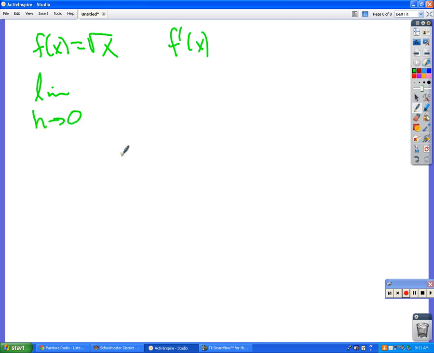So I'm going to take the limit as h approaches 0 of what? This is the part you have to know, this little formula. Right, root x plus h. First thing you do is plug in x plus h into the formula, minus root x, the original formula, and that's all over h.